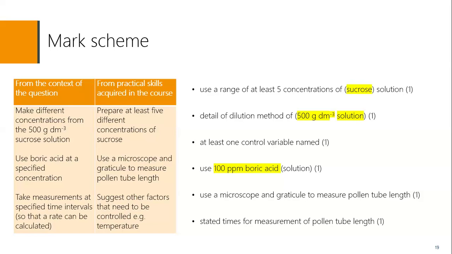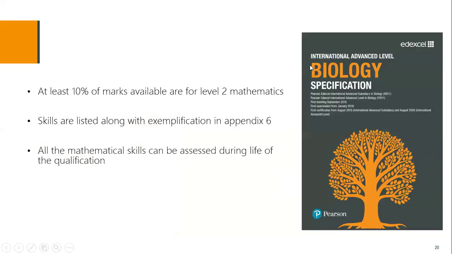So we're going to move on now to consider the mathematical skills that are required. And on each one of the exam papers, or on Units 1, 2, 4, and 5, at least 10% of the marks available are for level 2 maths.